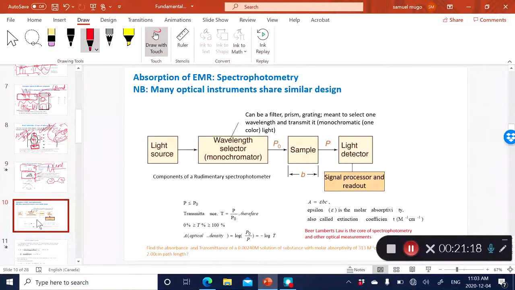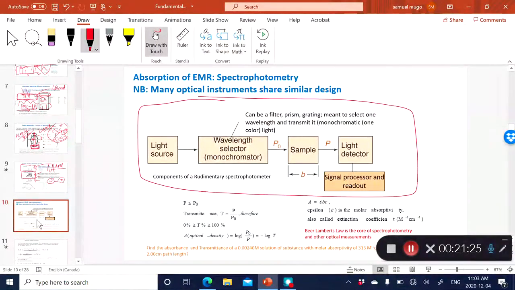So very quickly, let's talk about the spectrometer in terms of its components. As I have said before, its components are very typical of any analytical instrument. You've got an energy source, which is light in this case. You've got a monochromator, which is only a wavelength selector, so that you've got only one single beam of radiation passing through.